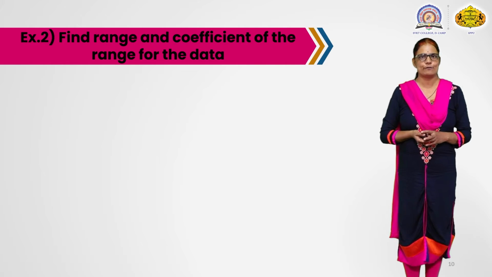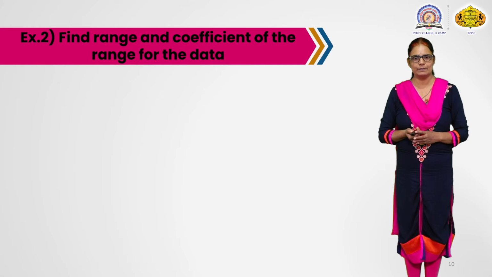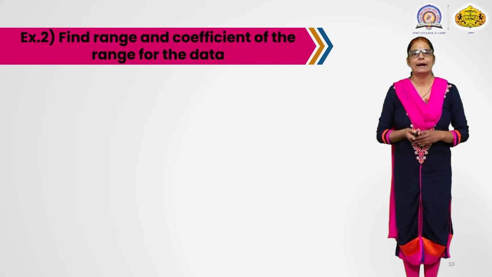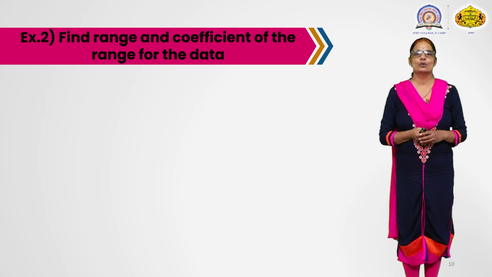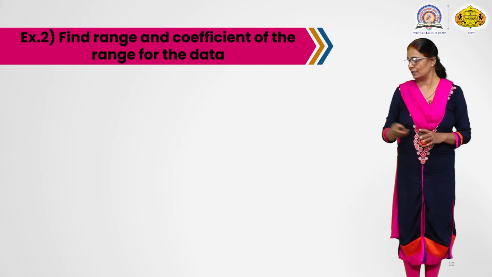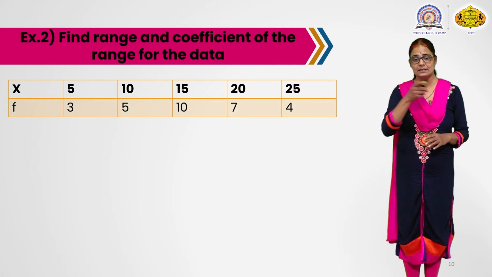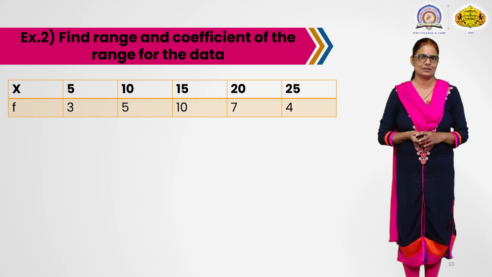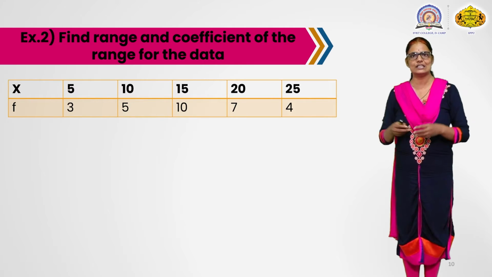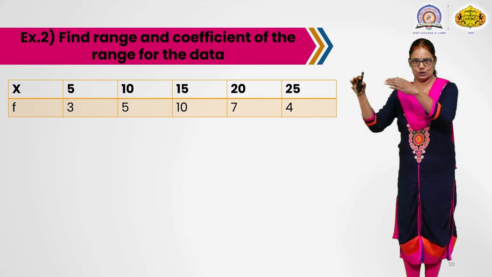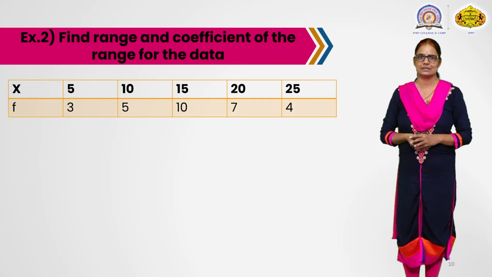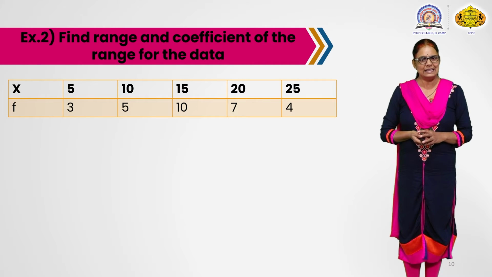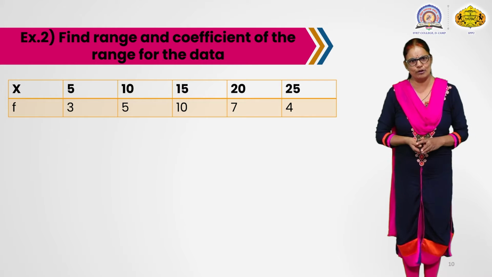Now another problem: find the range and the coefficient of range for the following data. Here we have to consider the data as an ungrouped frequency distribution, which means we are provided observations and corresponding frequencies. In that case also we use the same formula.